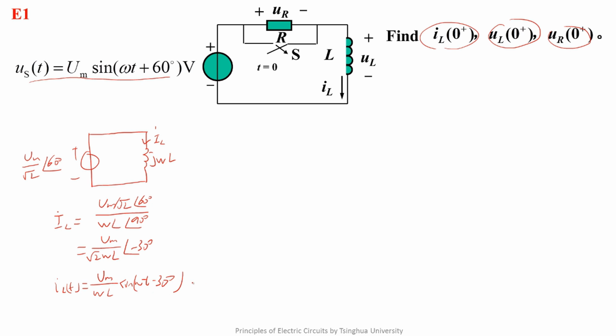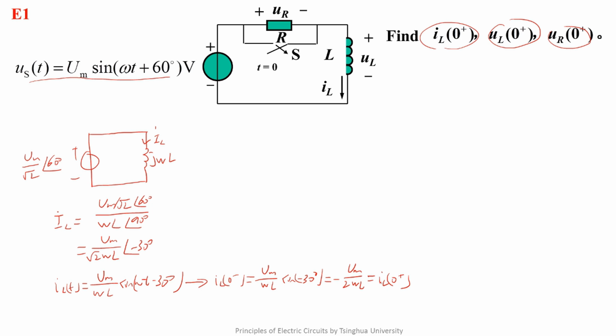With the time domain expression before switching, we can find IL0 minus. Next, according to the switching law, we know this value is IL0 plus.